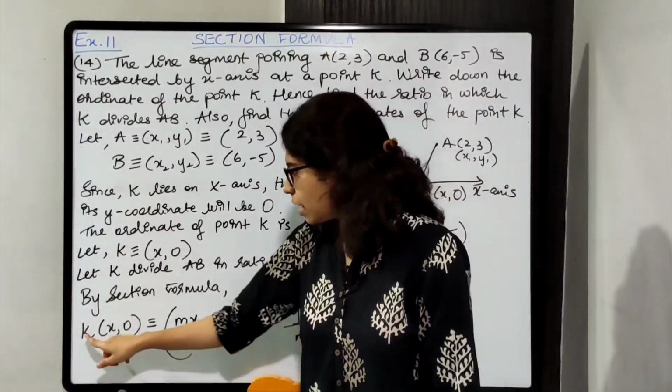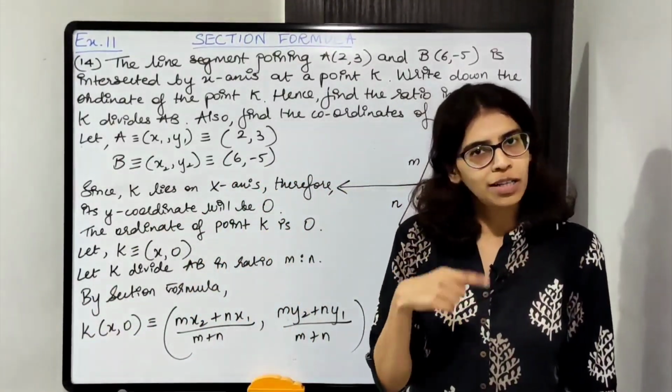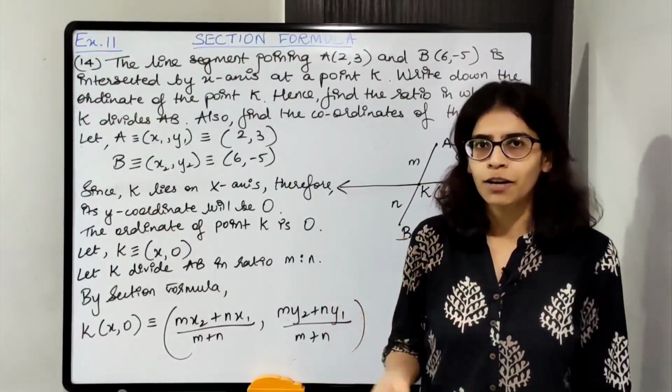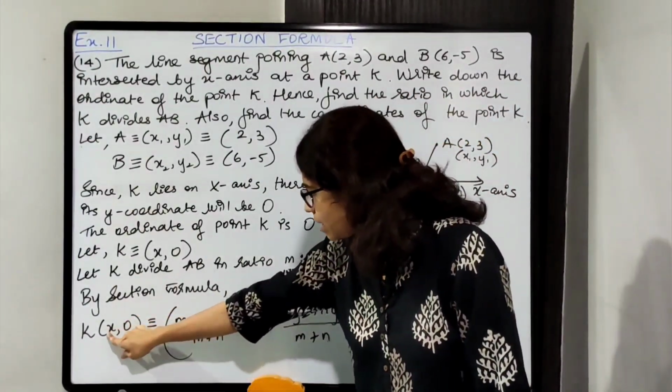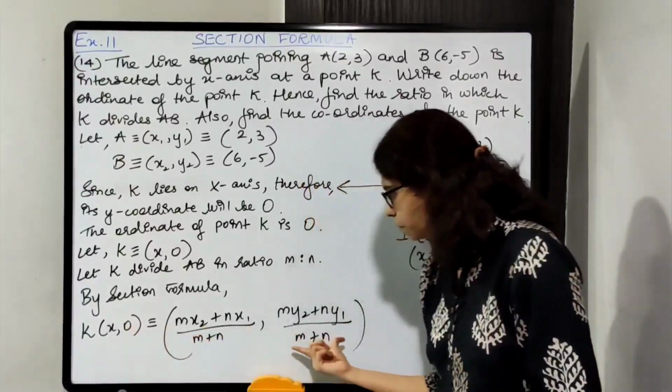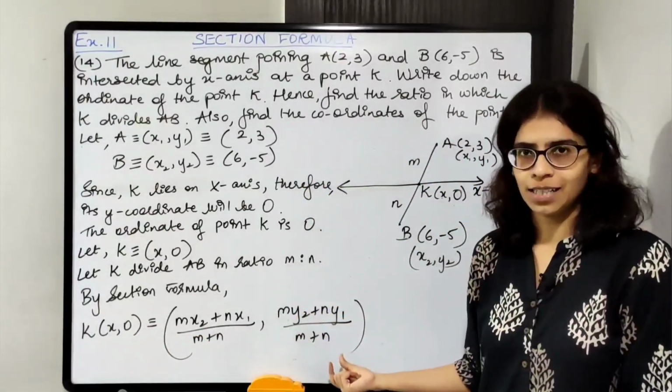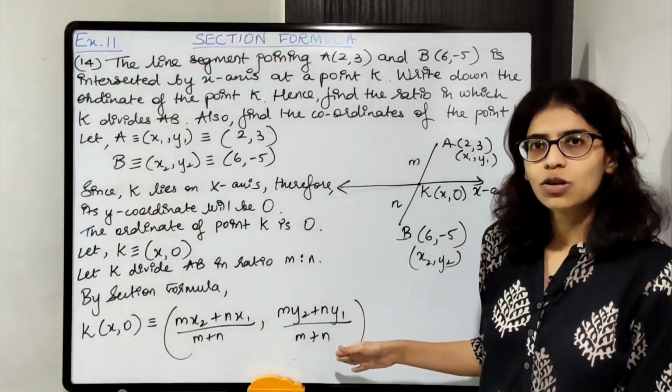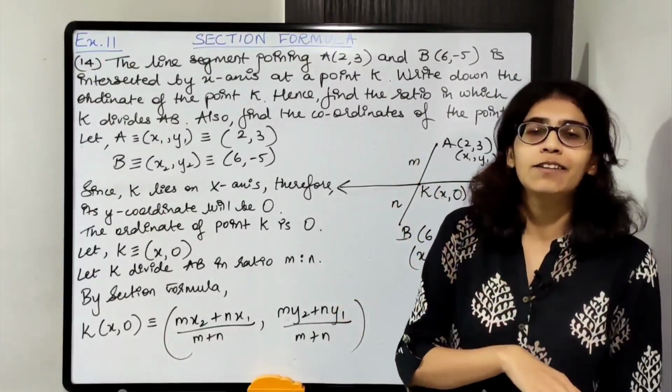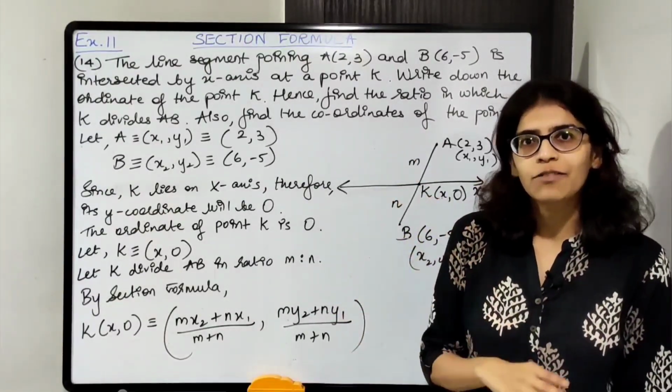We know that any point can have only one x coordinate and one y coordinate, है ना, it cannot have more than one. So x will be equal to this and 0 will be equal to this. हम लोग equate करेंगे. On equating and solving we'll get m and n first. m and n find out करना है.